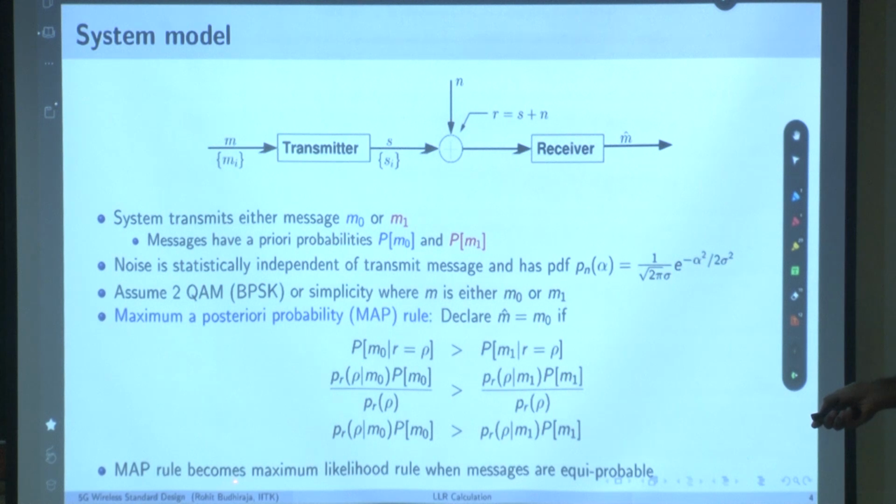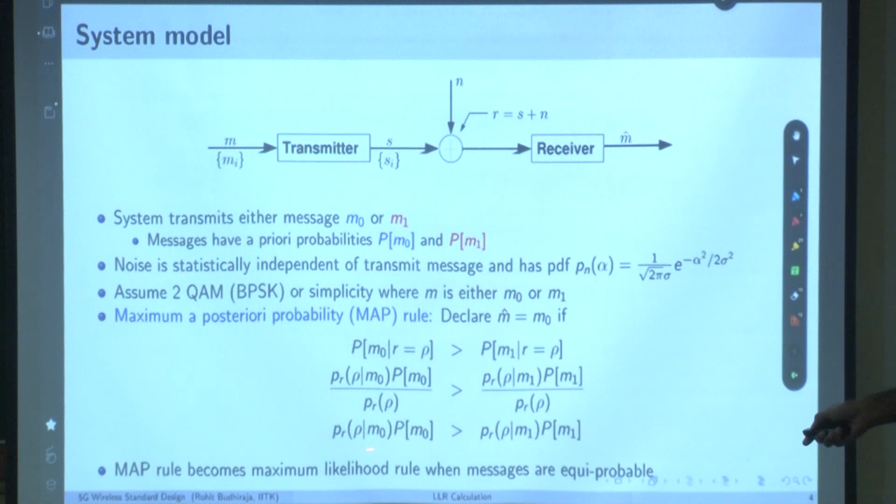Now one more fact. This is the MAP rule. It becomes the maximum likelihood rule when messages are equiprobable. What happens when messages are equiprobable? It means P of m0 is equal to P of m1, and that also gets cancelled. So then what are we maximizing?